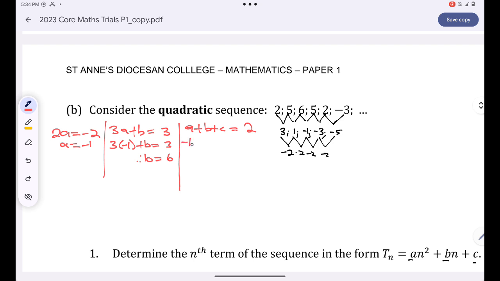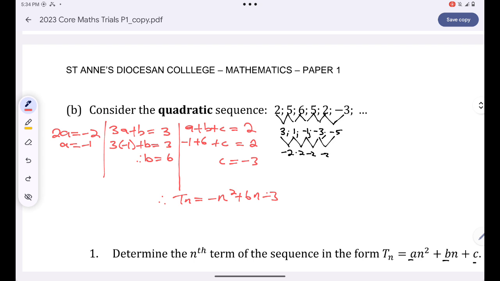That's just negative 1 plus 6 plus c is equal to 2. I will end up having c as 2 minus 5, that's just negative 3. So therefore the nth term is negative n squared plus 6n minus 3.